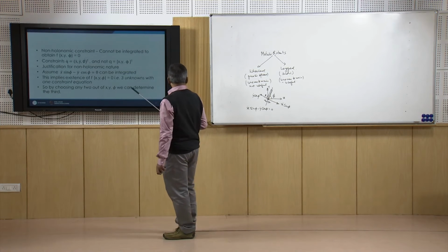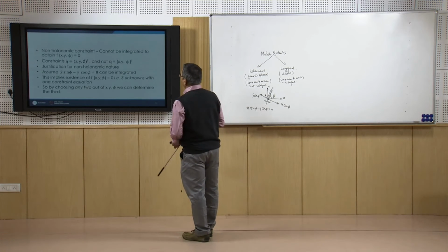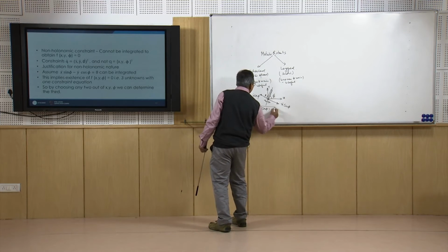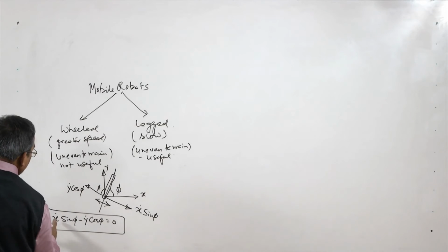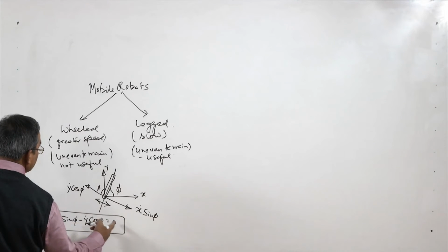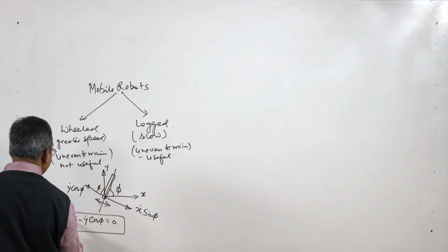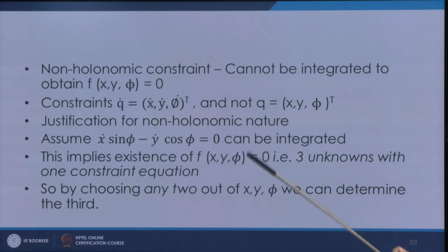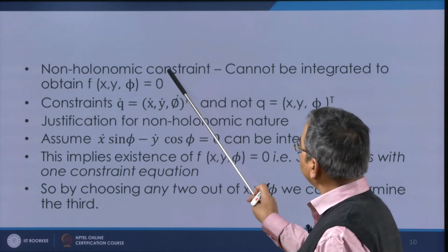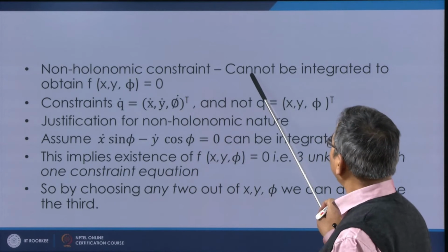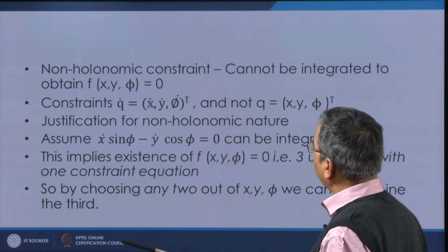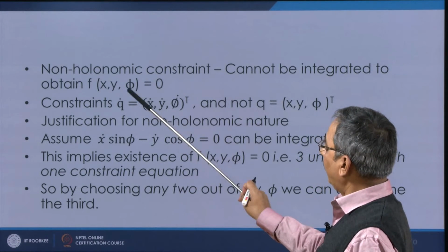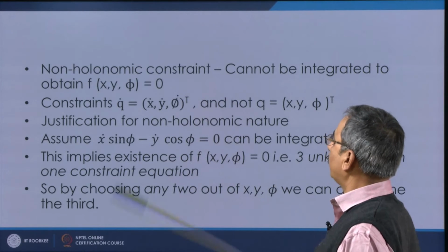Now, this type of constraint, what we are seeing here as x dot sin phi minus y dot cos phi is equal to 0, is what is called a non-holonomic constraint. This is non-holonomic because this equation cannot be integrated to obtain a function such as f of x, y, phi is equal to 0.